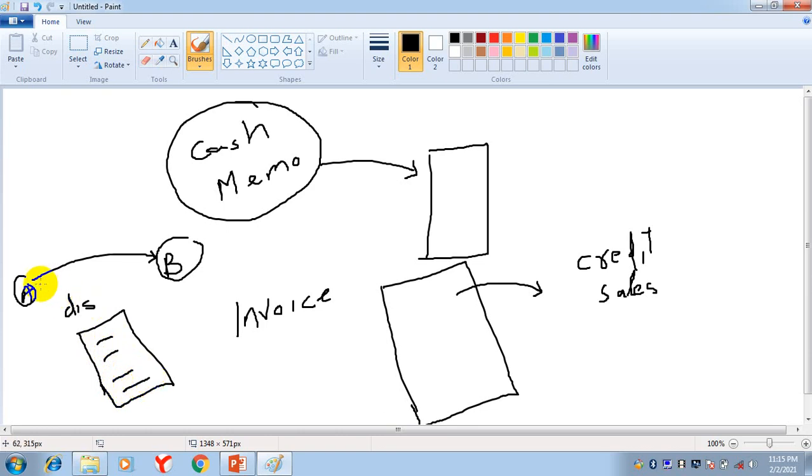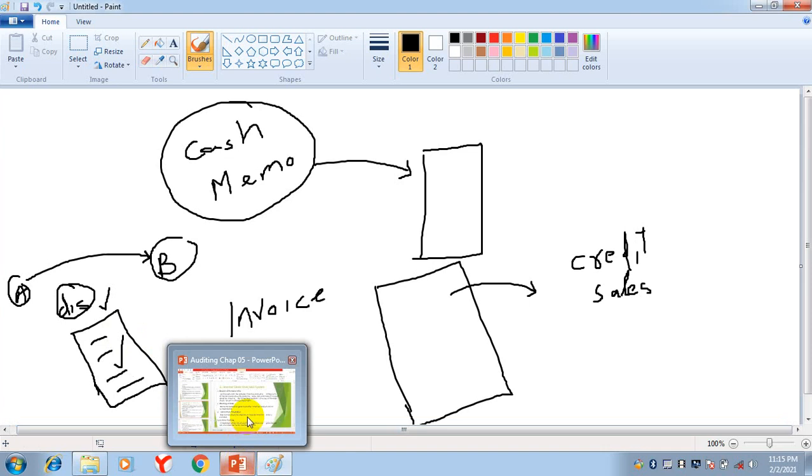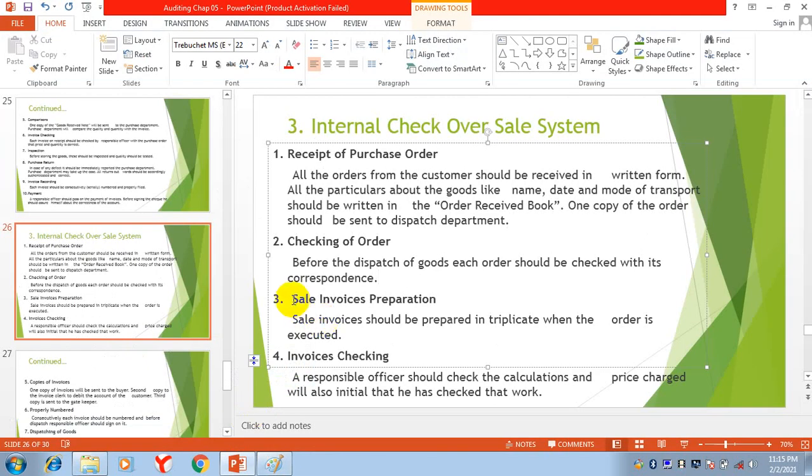So when goods are sold on credit, an invoice will be attached with the dispatched goods. The goods which are sent to B, with these goods an invoice will be sent. So here we are selling goods on credit. When we sell goods on credit, we will prepare an invoice.